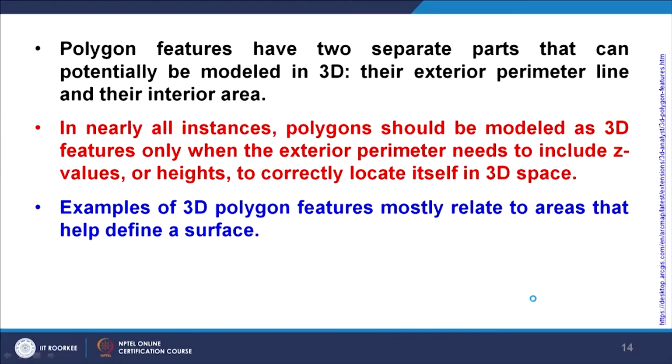And 3D polygon features mostly relate to areas that will basically help to define a surface. The surface and undulations can be best represented through raster rather than vector, because vector is discontinuous. You know, topographic surfaces are represented through polylines, that means the contours, isoheights, but in between contours you do not have any information.